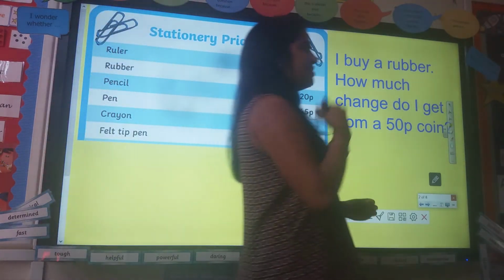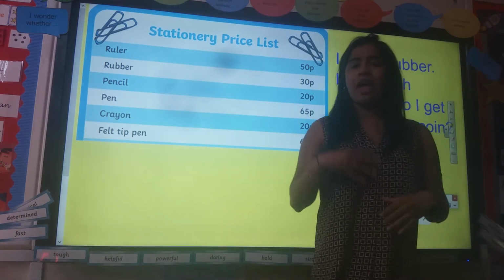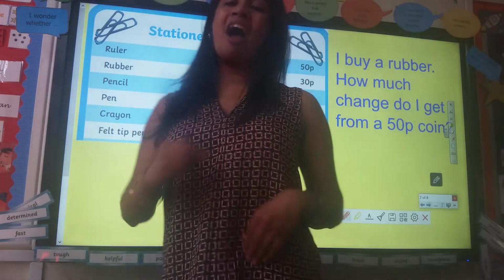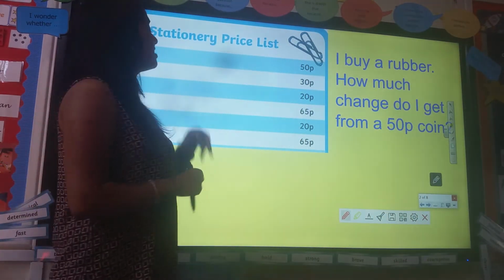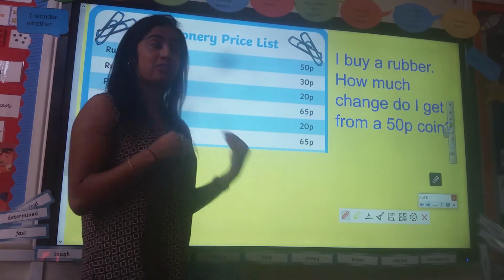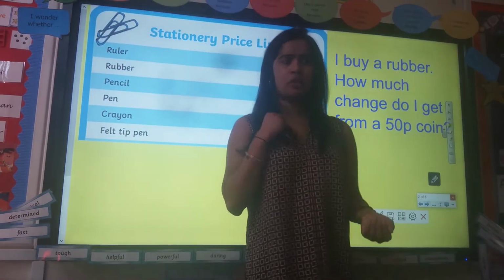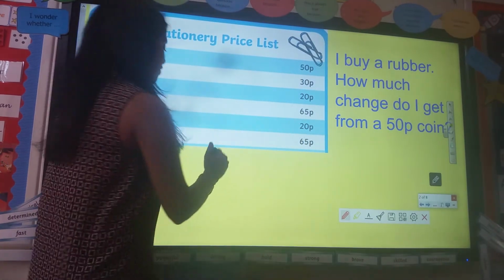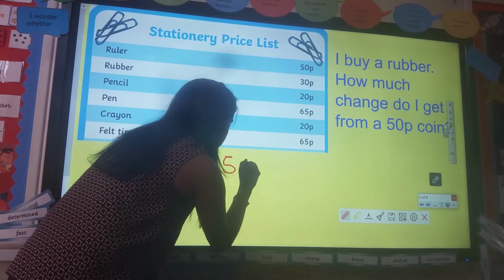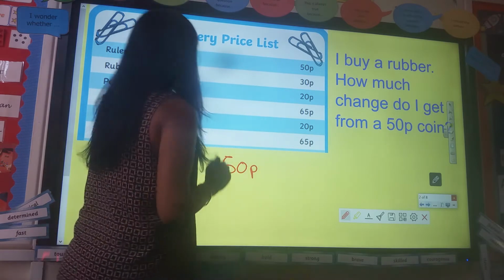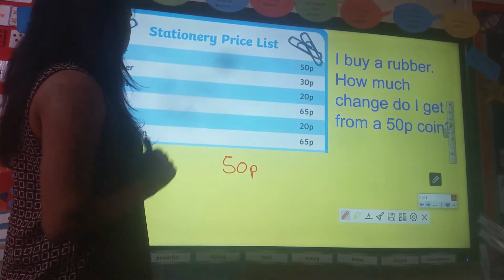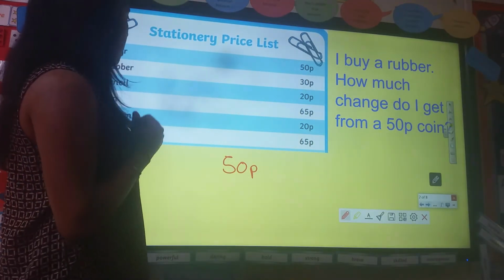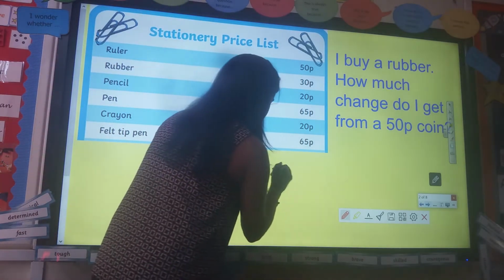When I'm calculating how much there is left over, and when I'm calculating the change, I need to think about subtraction. Because if you remember, when we were looking at how to calculate the change, we were using subtraction a lot. Okay, so I have a 50p coin and I need to find out how much change I would get after buying a rubber that costs 30p.